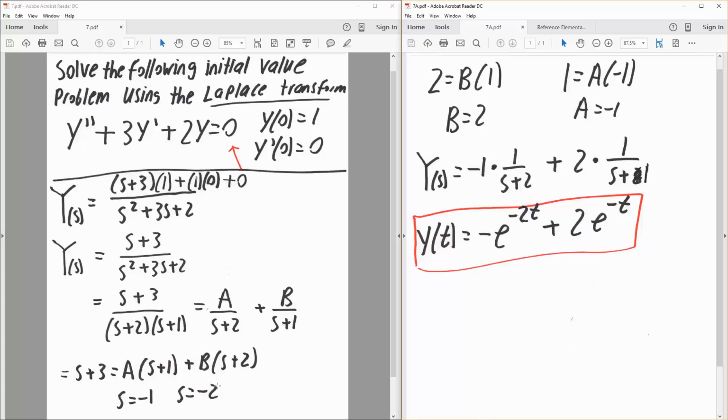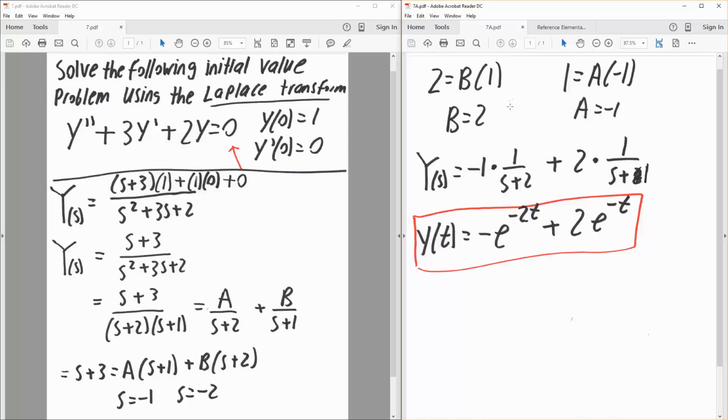And so if s is negative 1, we would get negative 1 plus 3, so that would be 2, is equal to A times negative 1 plus 1 is 0, so we ignore it, plus B. So negative 1 plus 2 is 1, so B times 1, and therefore B is equal to 2.